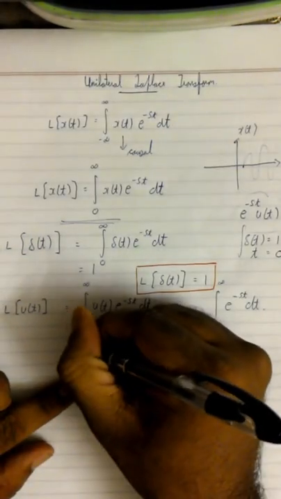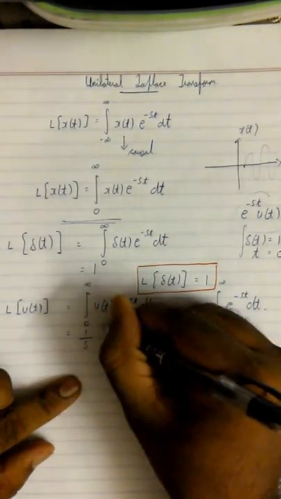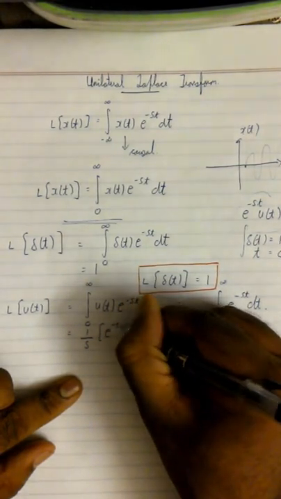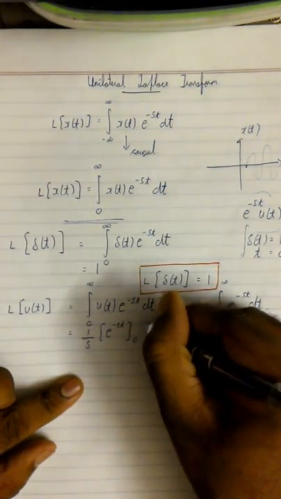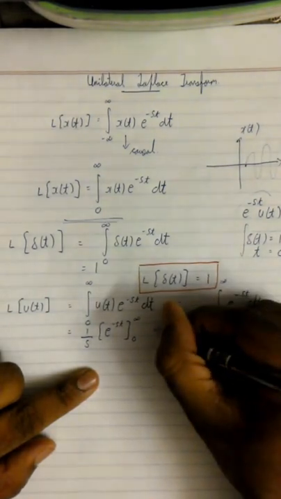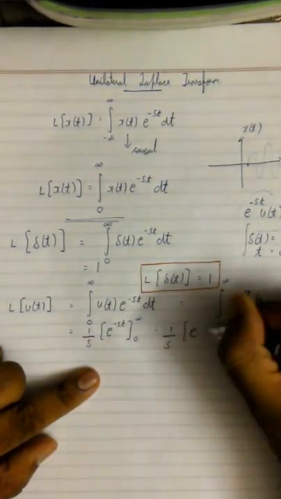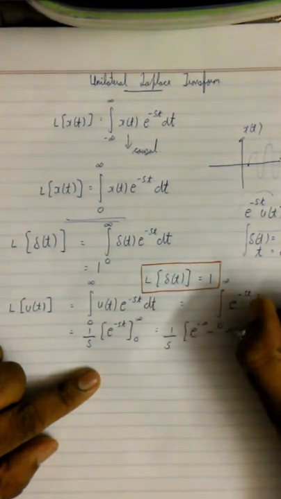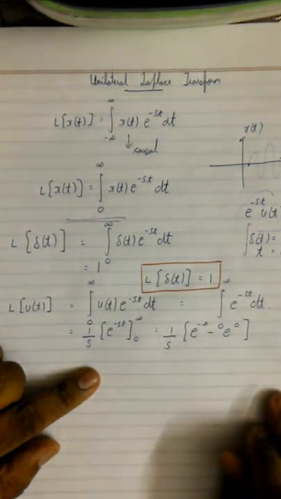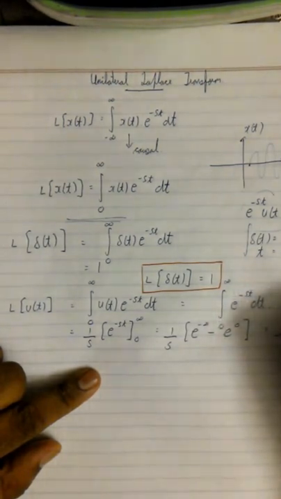This in turn becomes 1 by s into e raised to minus st from 0 to infinity, which is 1 by s into e raised to minus infinity minus e raised to 0. So this becomes 1 by s.